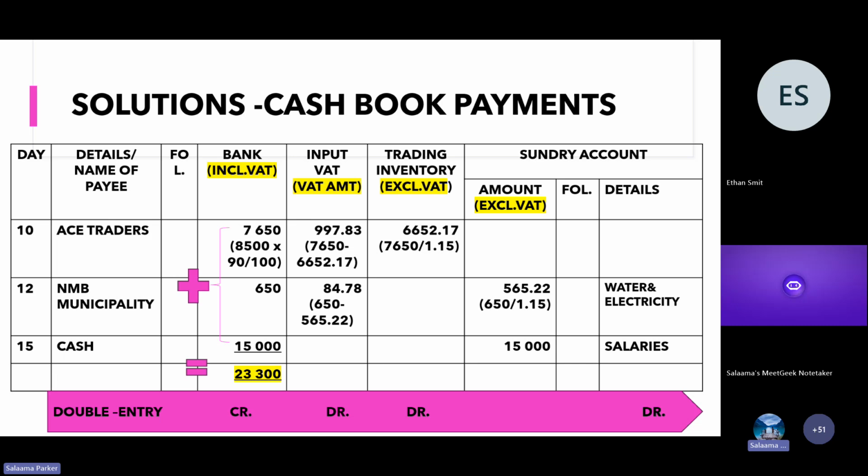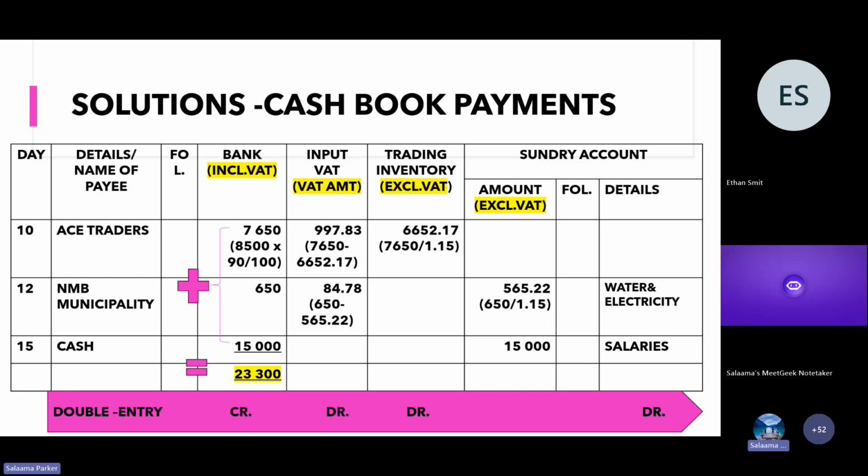For every debit entry, there has to be a corresponding credit entry. Okay, right. So we're going to debit because now it's cash book payments. The bank account will be decreasing. So we're going to credit the bank and we're going to debit all the other transactions. Okay, debit water and electricity, debit input VAT, credit the bank. Okay, debit trading inventory, debit input VAT, credit the bank.